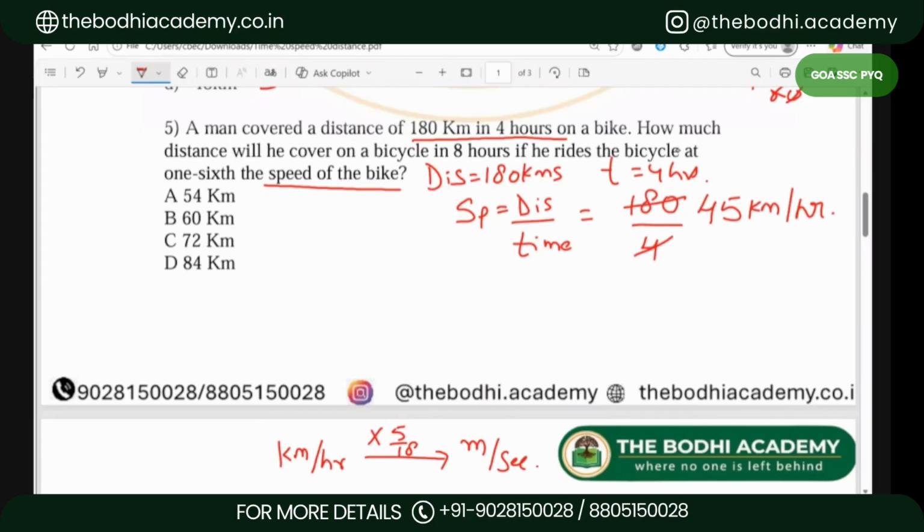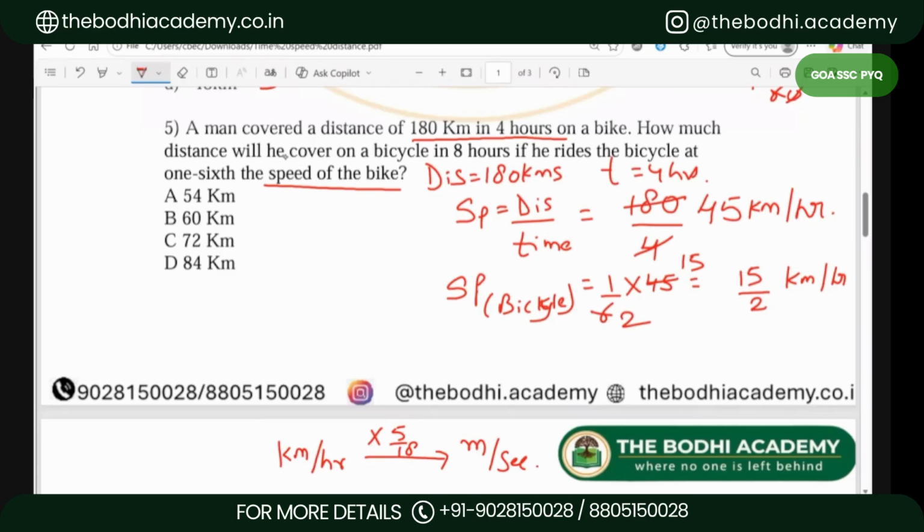Now he is riding the bicycle at 1/6 speed of the bike. So speed of bicycle is 1 upon 6 of 45. 3 twos are 6, 3 fifteens are 45. So it is 15 upon 2 kilometer per hour, the speed of the bicycle.